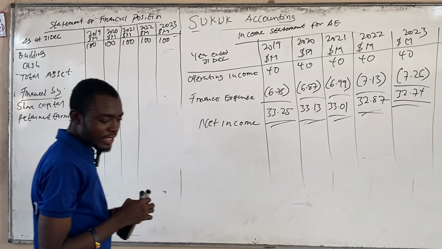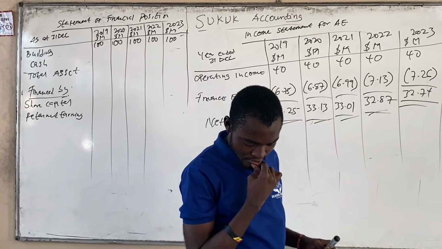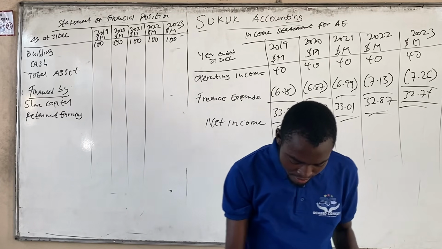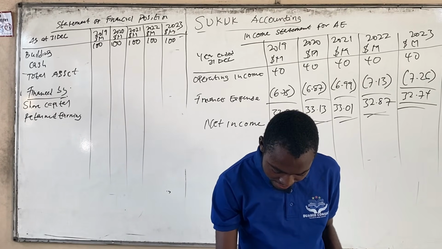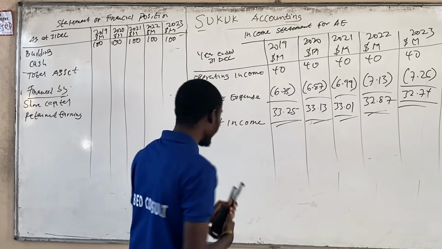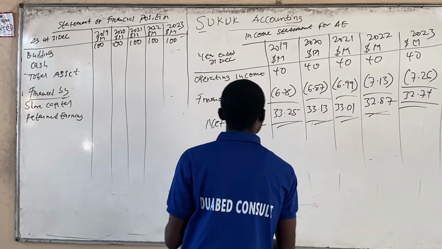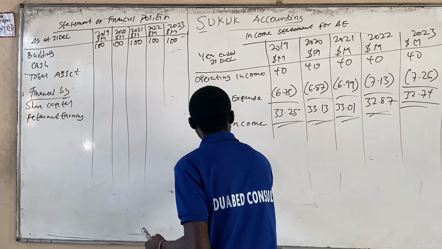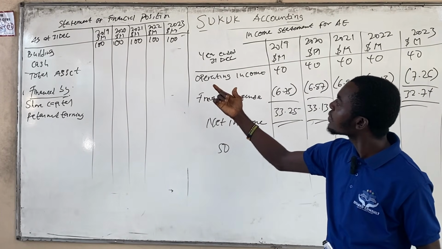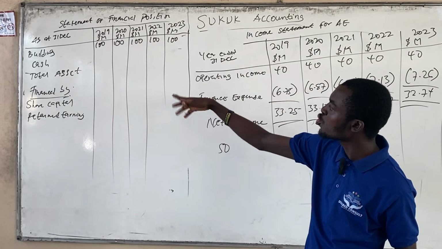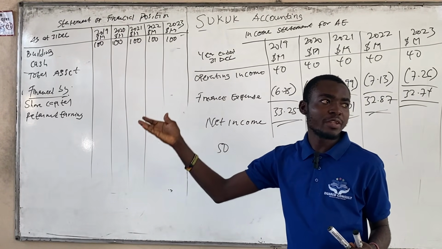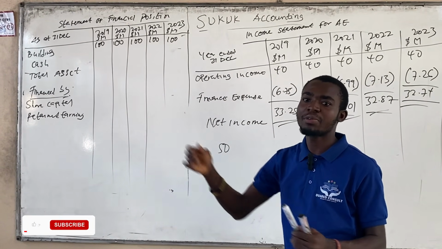And then in the question, the organization was having a cash balance. That's the opening cash balance of 50 million. And then the organization took a loan. That's a Sukuk of 100 million. And since they are receiving a loan of 100 million, this will increase their cash balance.